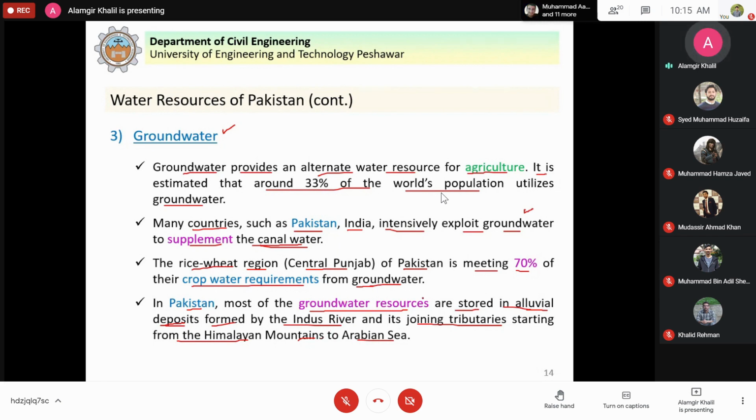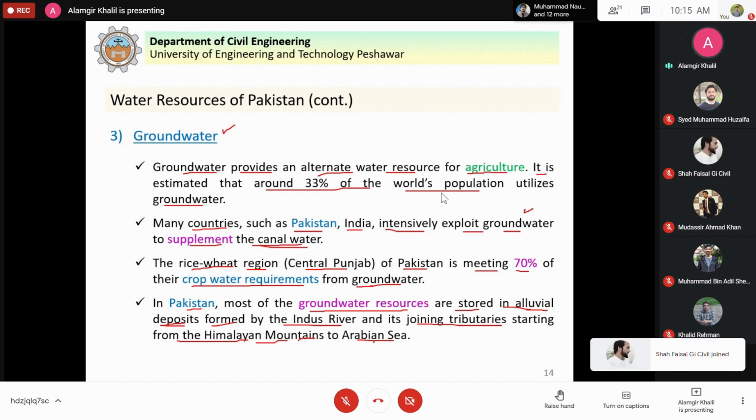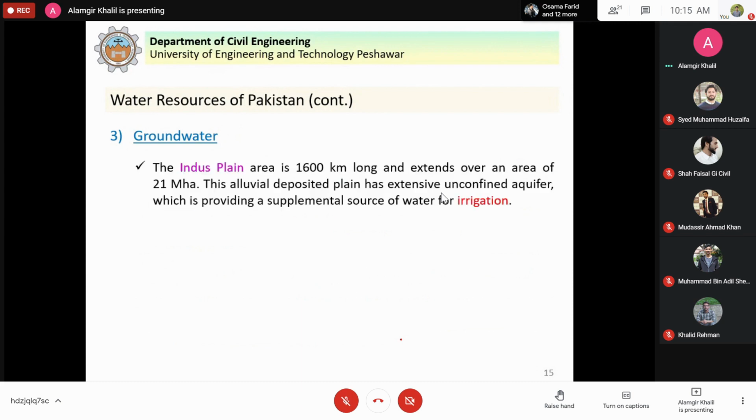So these groundwater resources are stored in alluvial deposits formed by the Indus River and its tributaries, which run from the glaciers in the Himalaya mountains in the north to the Arabian Sea in the south. The Indus Plain area is 1600 kilometers long and extends over an area of 21 million hectares.